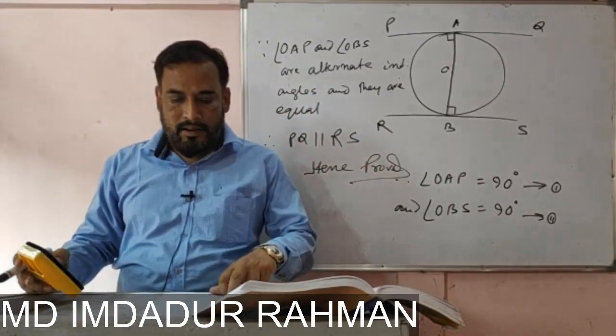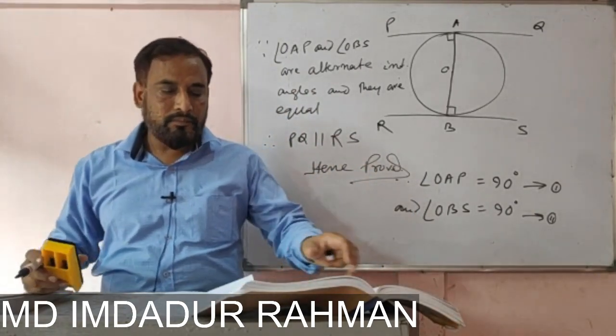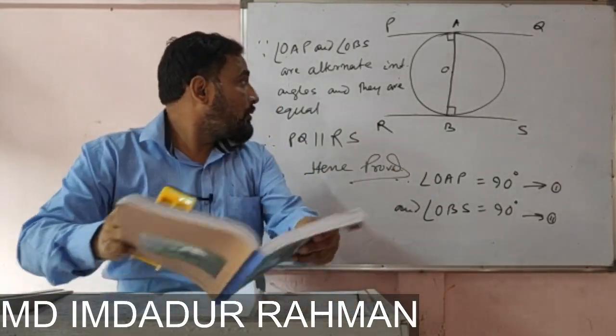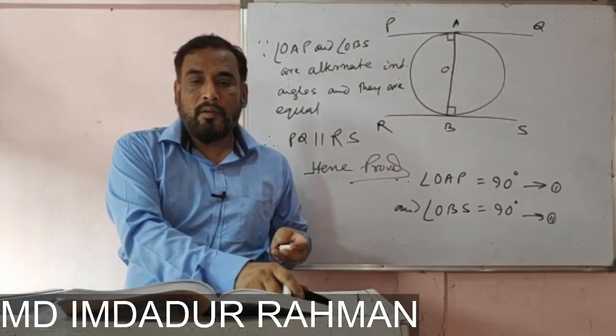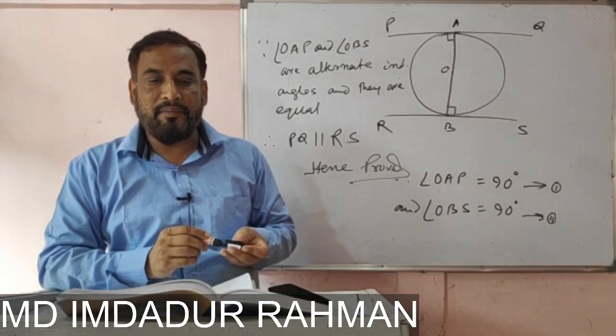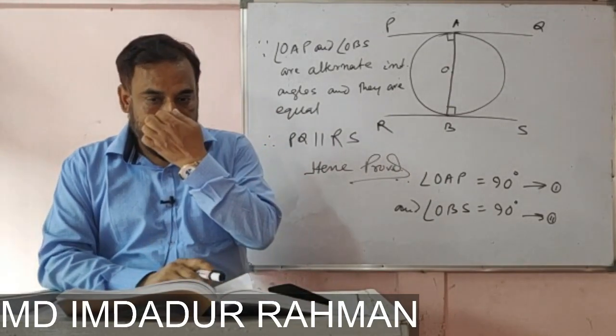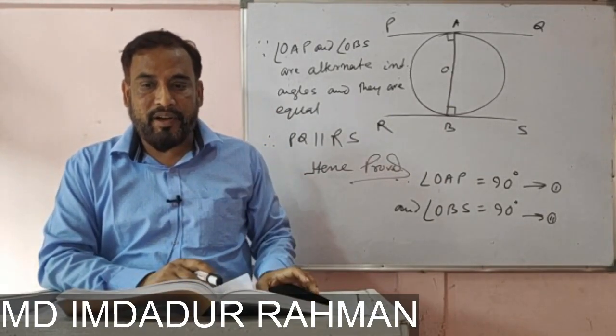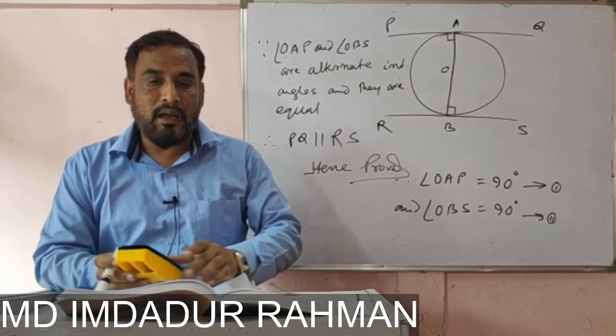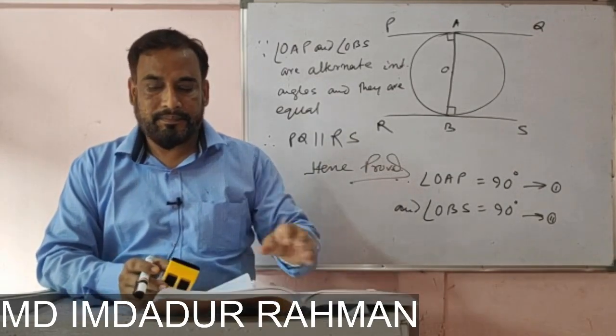Okay. Next, question number 5. Prove that the perpendicular at the point of contact of a tangent to a circle passes through the center.